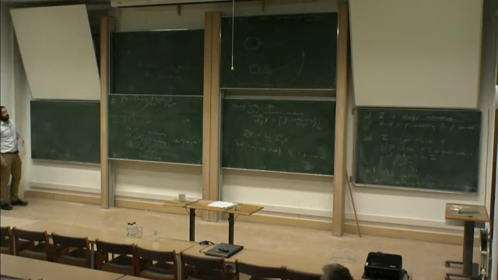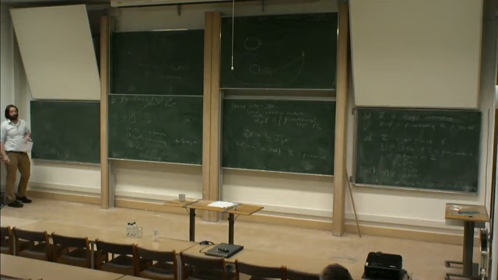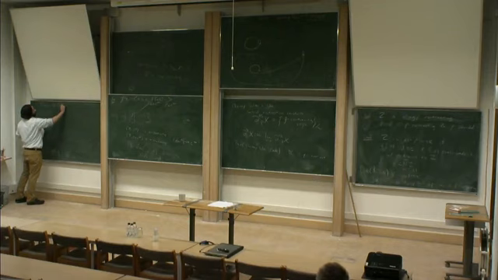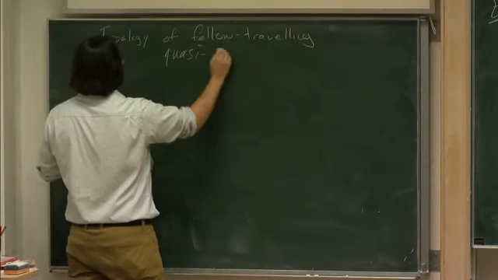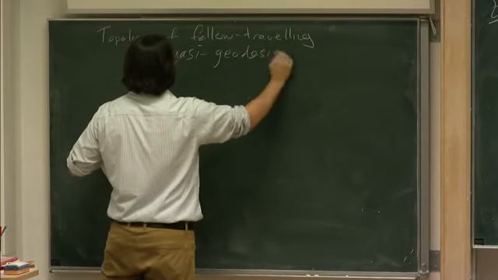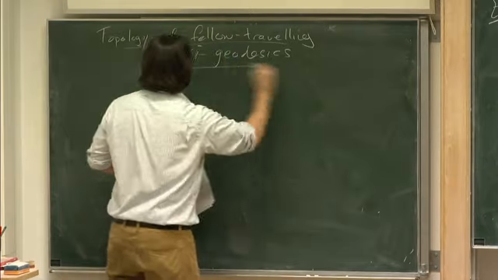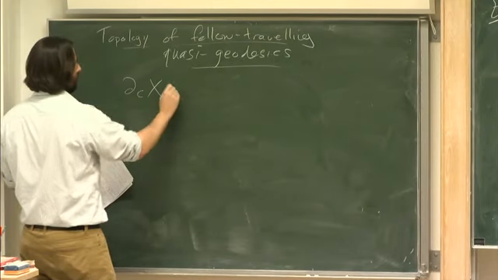Okay, so I'm going to define the new topology now. Before I talked about the topology of fellow traveling geodesics, and now this is the topology of fellow traveling quasi-geodesics. There are some choices involved that aren't going to matter in the end, but let me say them.